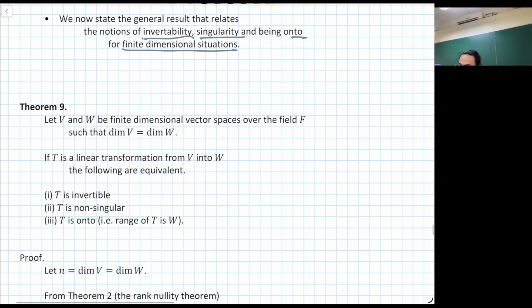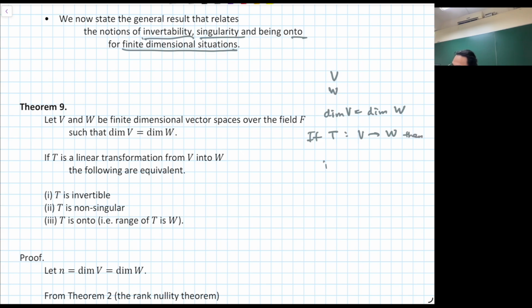So theorem 9 says the following. Let's make sure that the statement is clear. Let V and W be finite dimensional vector spaces over the field F, such that the dimension of V is the same as the dimension of W. Now if T is a linear transformation from V to W, then the following are equivalent.